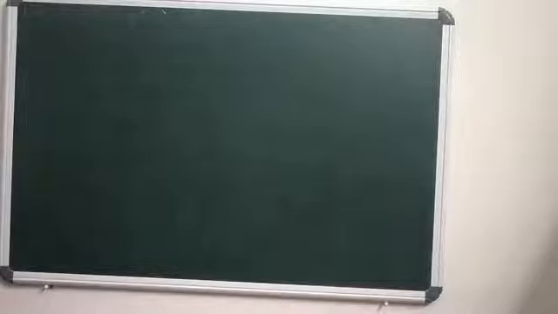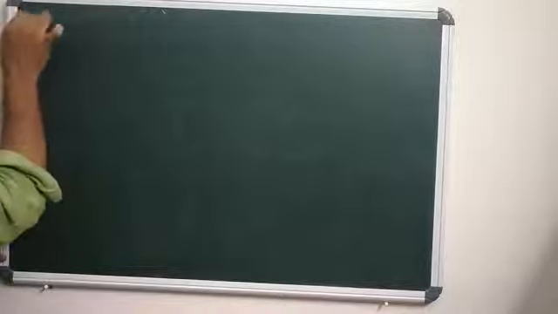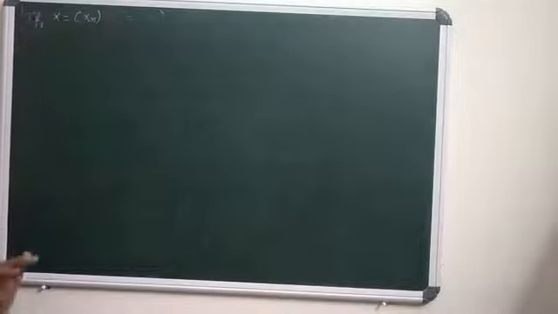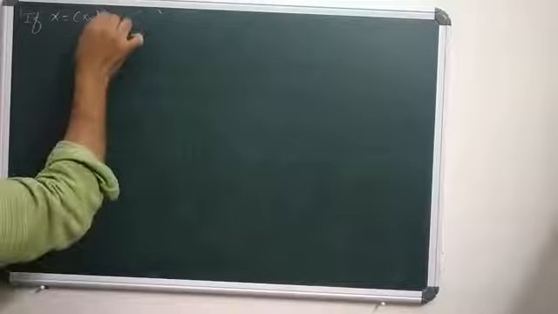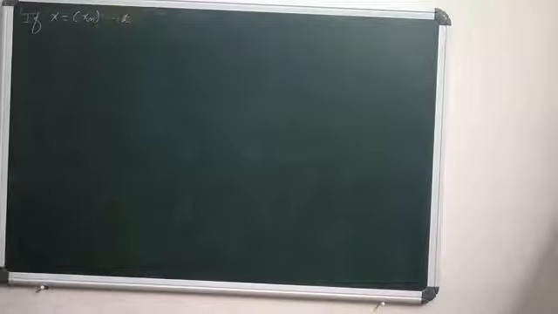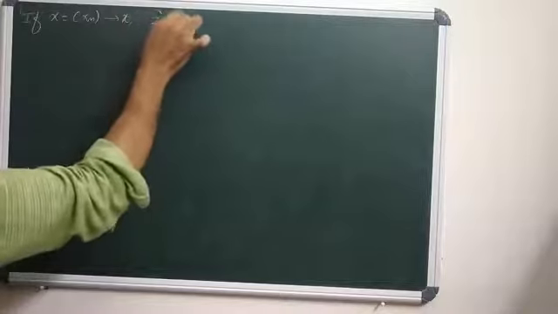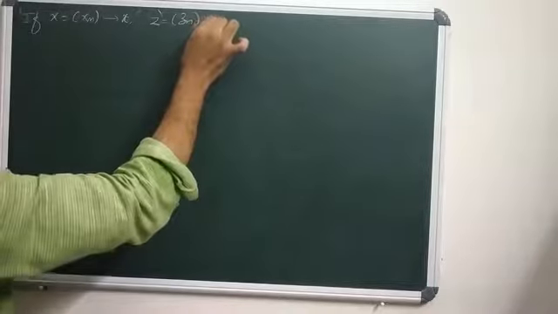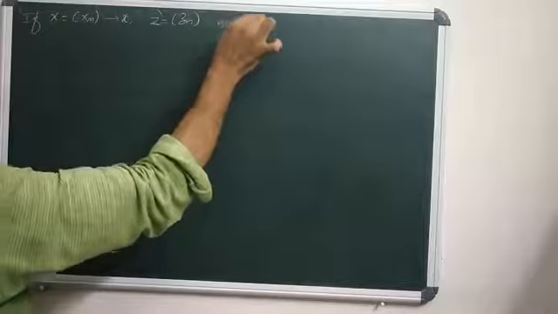Now, if x equals lim of xn, that is, xn converges to x, and let zn be a sequence of real numbers, non-zero real numbers. Zn is a sequence of non-zero real numbers.